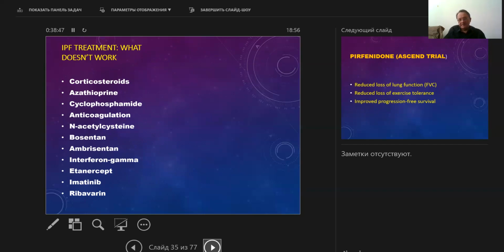According to this trial, one group of patients received triple therapy, including corticosteroids, azathioprine, cyclophosphamide, and acetylcysteine.